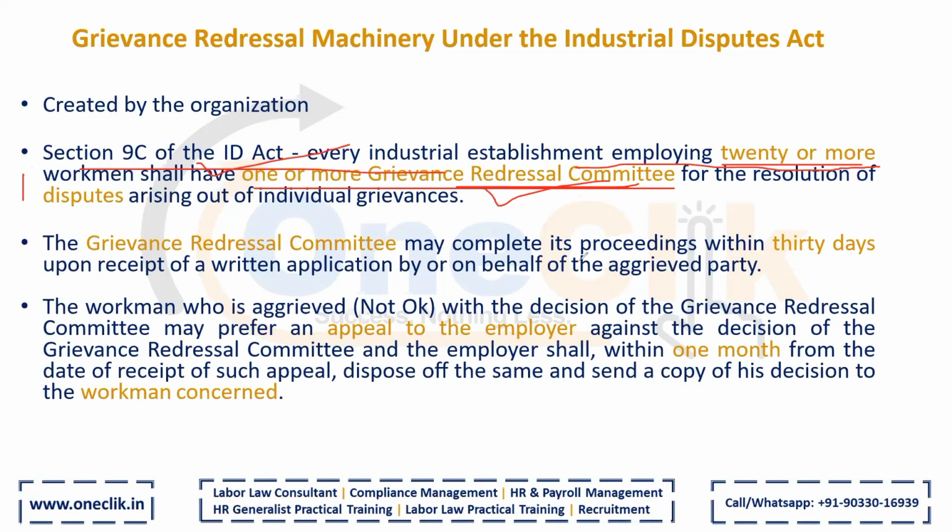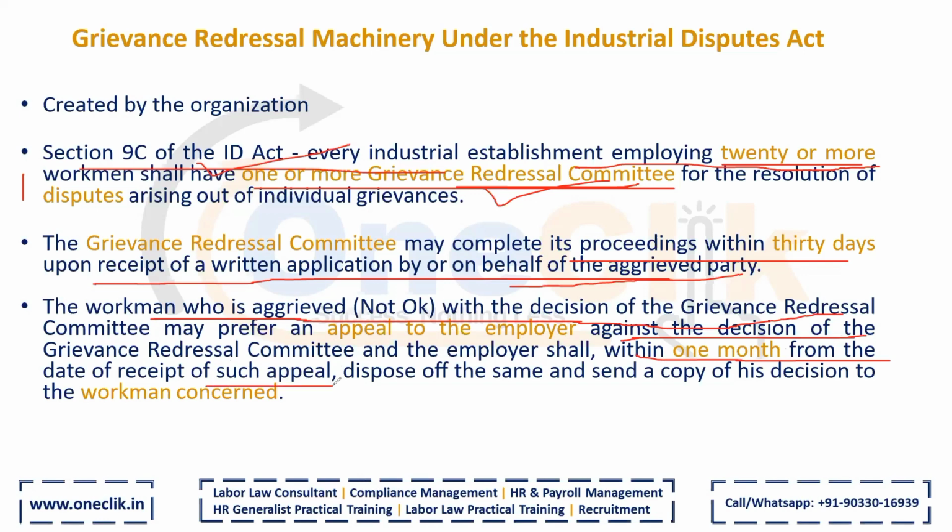And they have to do the proceeding within 30 days upon the written application by the employee or on behalf of the aggrieved party. A workman who is aggrieved, or is not okay with the decision of the committee of the company, can appeal against the decision of the company within 1 month from the date of such appeal, and a copy is sent to the workman concerned.